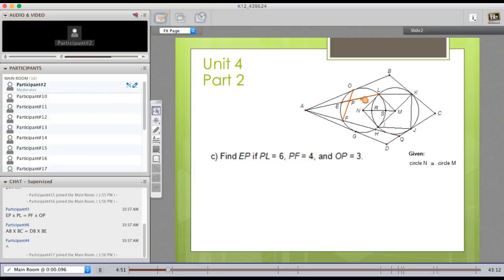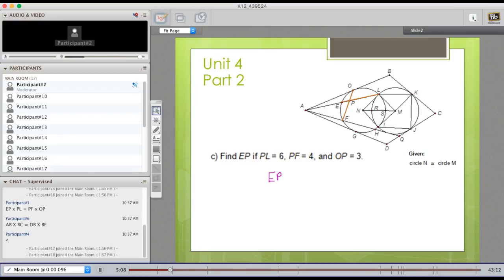So you take those two segments, EP and PL, multiply them together, and it's equal to the other two segment pieces. Okay, so I'm not going to finish it from there, but I will give you guys that much. But from there, you just have to plug in and solve.